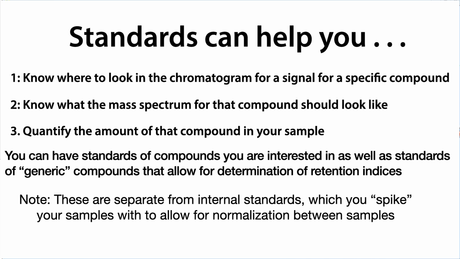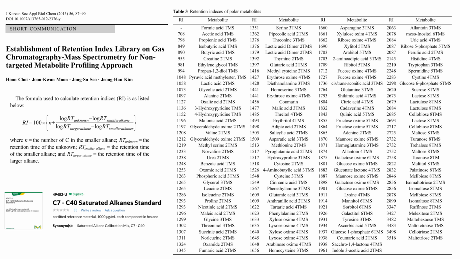If you don't have standards of the compound, you can also calculate a retention index. If you take a series of standards of known carbon lengths and measure how long it takes them to come out, you can compare what it came out between, say, carbon 10 and carbon 12. There's a formula where you can calculate retention indices, and you can find these in databases.